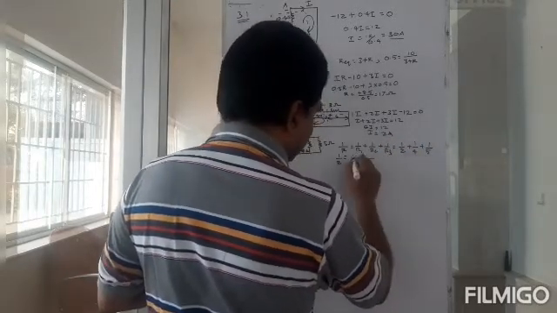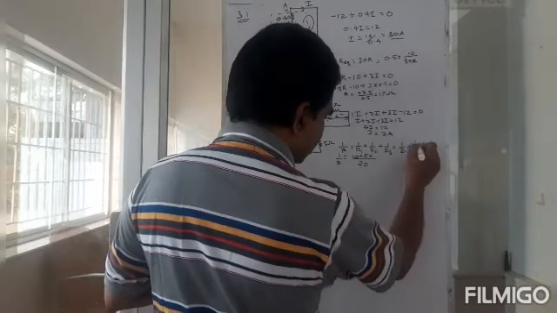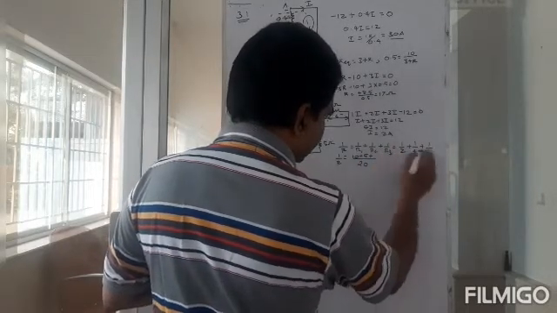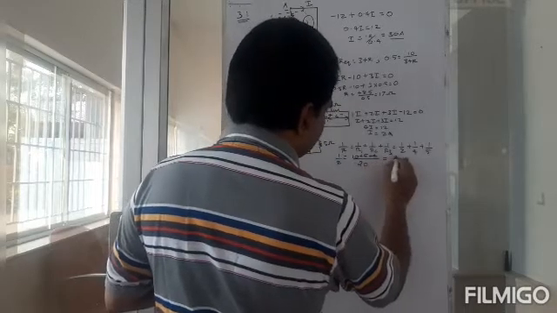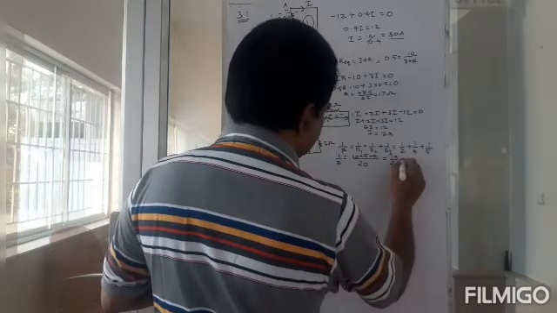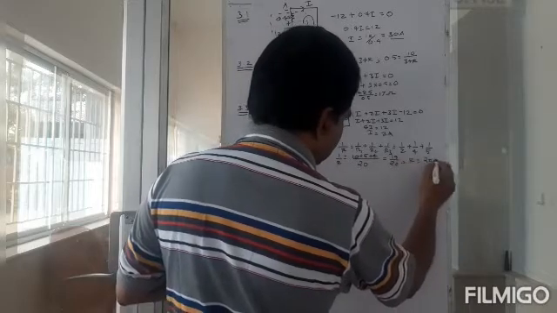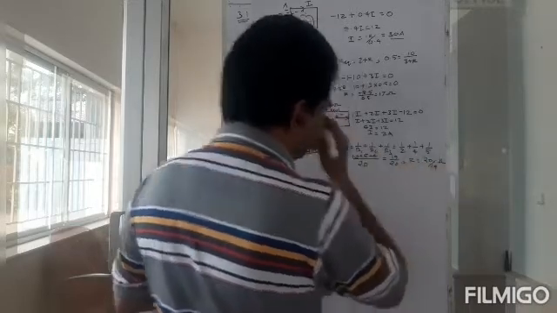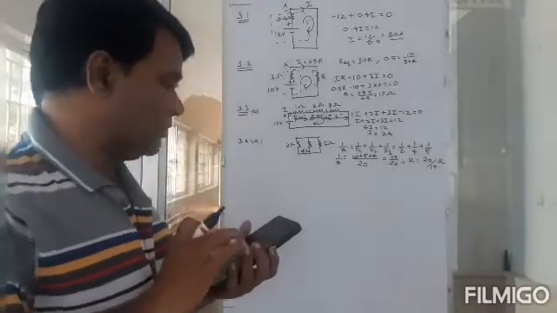Then this will be 10 plus 5 plus 4, right? So 19 by 20. So R equal to 20 by 19 ohms. So that's the effective resistance of this combination. Okay.